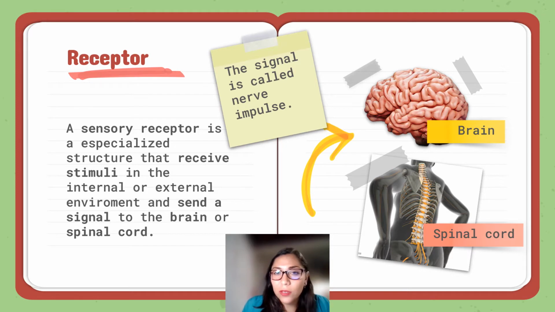So receptors are specialized cells that receive different stimuli and send signals to our brain or our nervous system. That signal is called a nerve impulse.